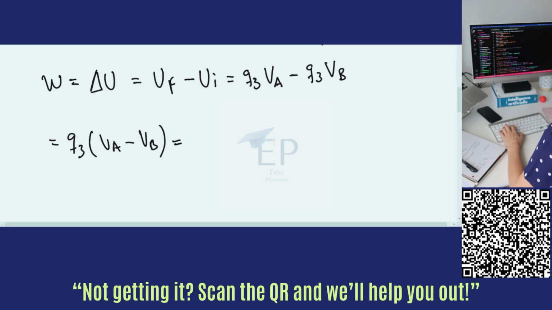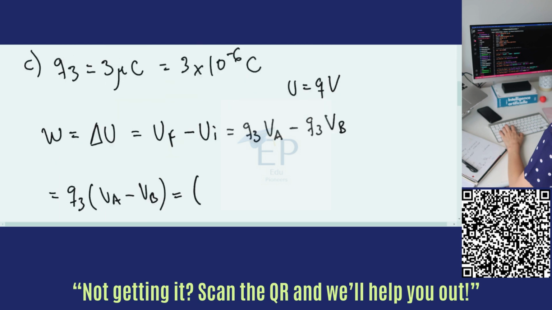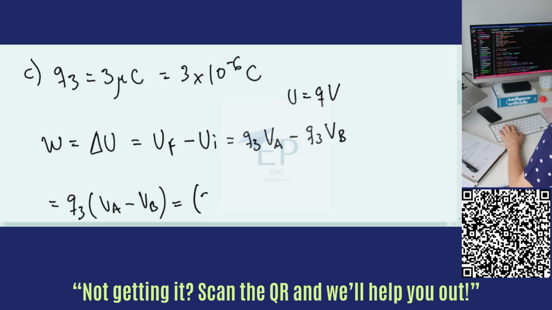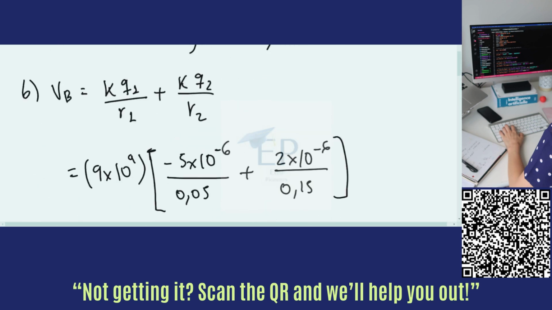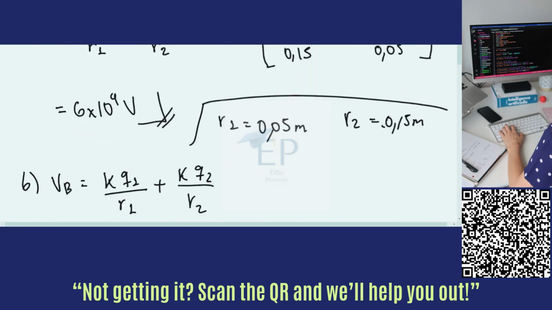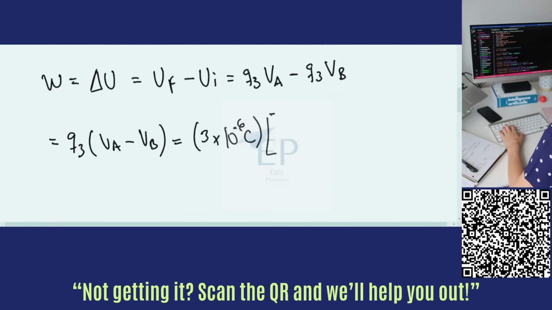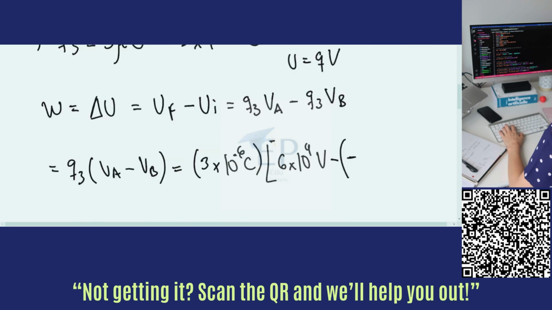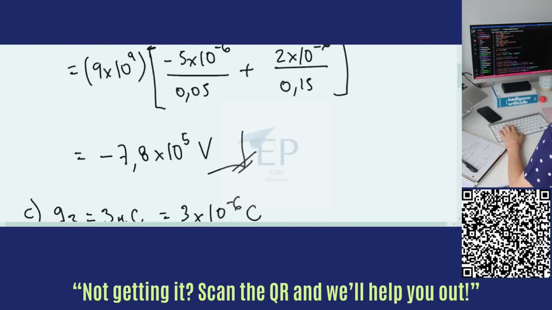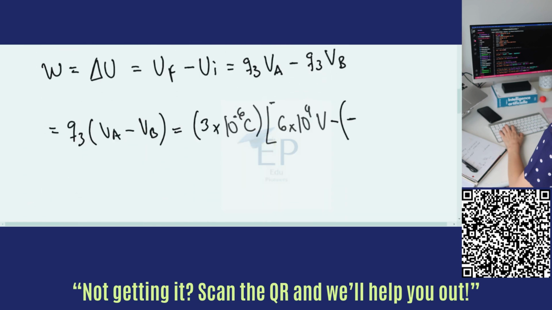So Q3 has a value of 3 times 10 to the minus 6 coulomb, times 6 times 10 to the 4 volts, minus, because we obtained that for point B it is negative, minus 7.8 times 10 to the 5 volts.